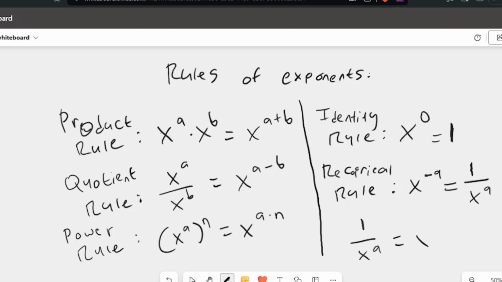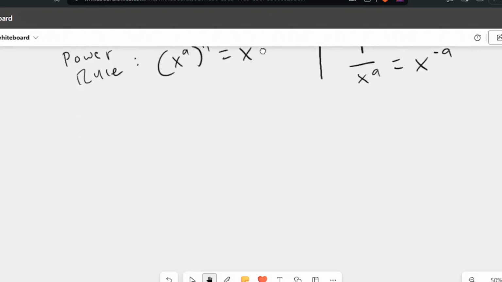You can also do this, represent it either way. I find that if anything, with powers, and especially when we get into derivatives and all that fun stuff, it's just a lot better to represent things in that way.